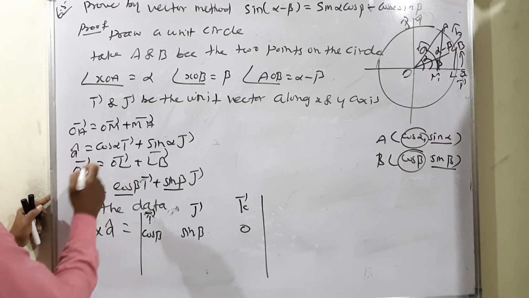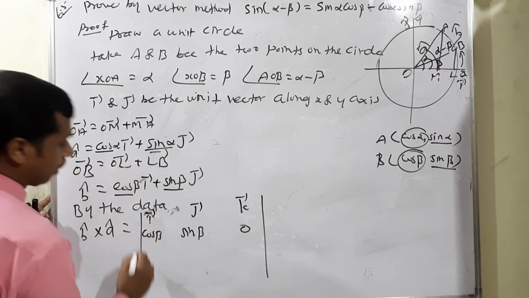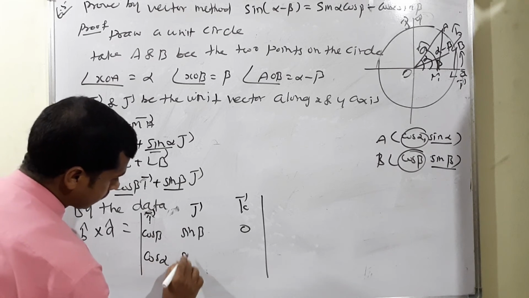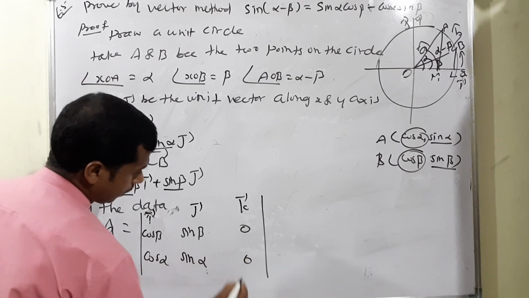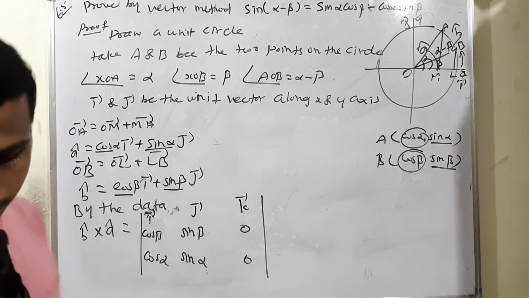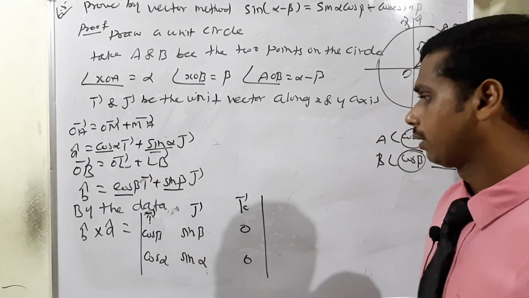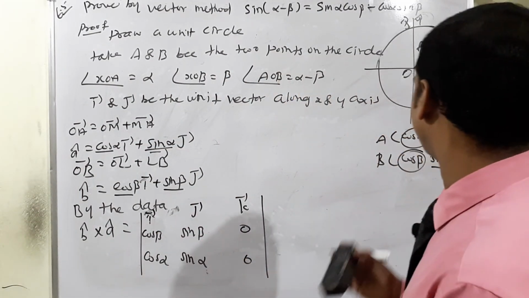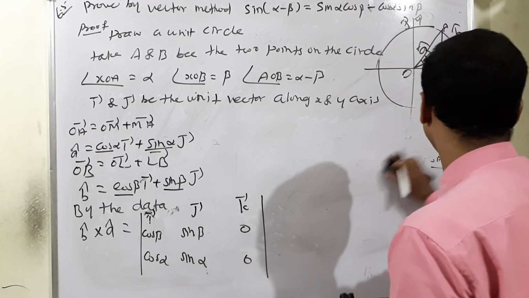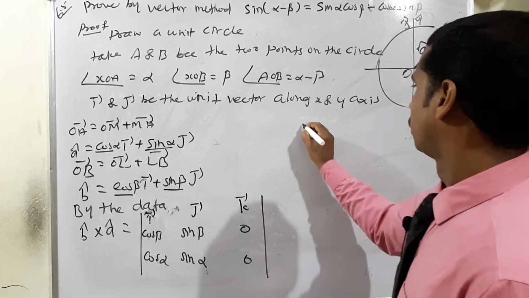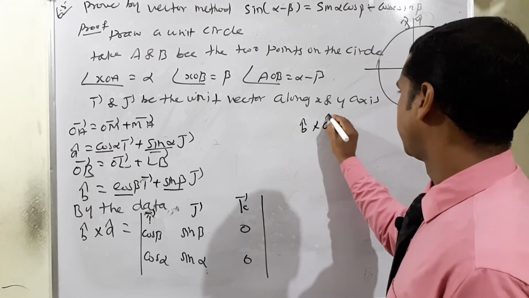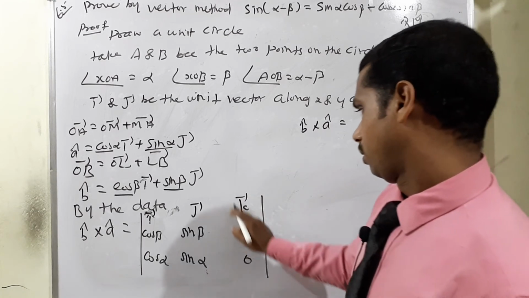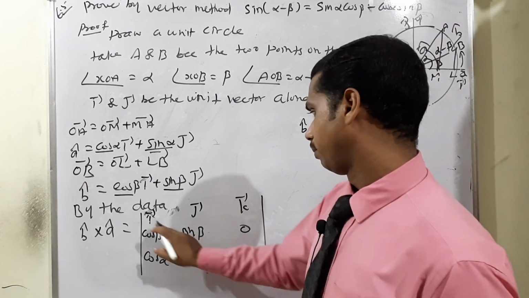Then A cap is equal to cos alpha, sin alpha. There is also no value for k. Therefore, simplify: B cap cross A cap.